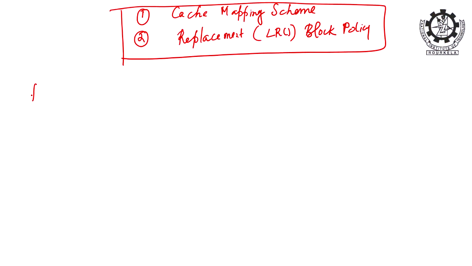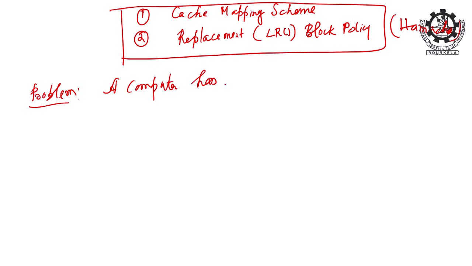Okay. So, I need to write the problem first and then we will go slowly. So, here the problem is something like this. By the way, I am teaching from Amateur. A computer has separate data and instruction cache.